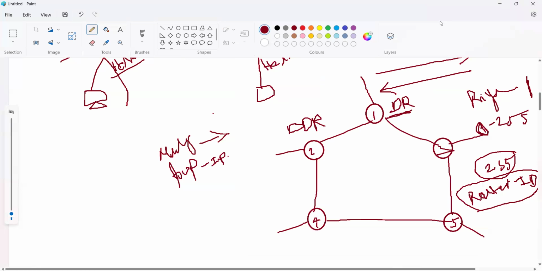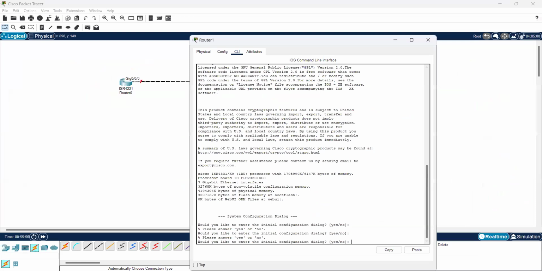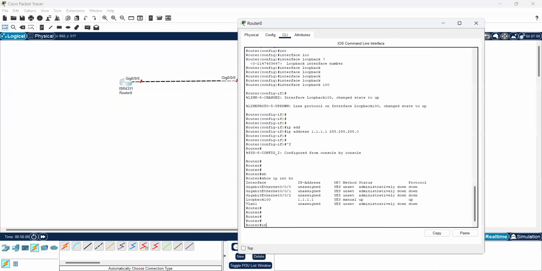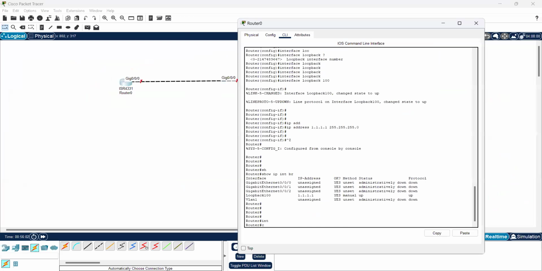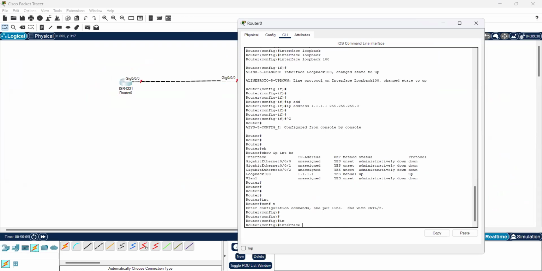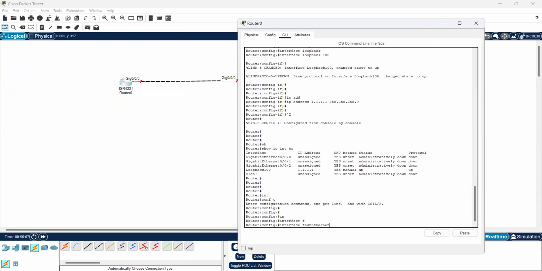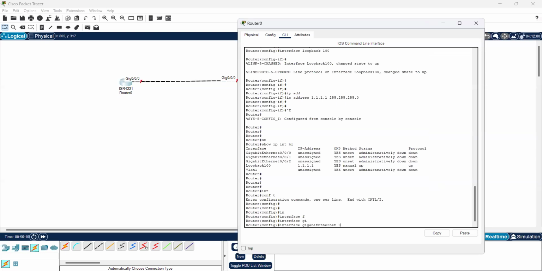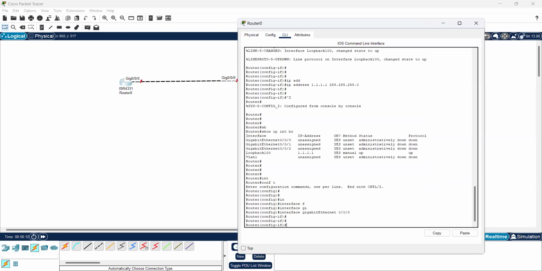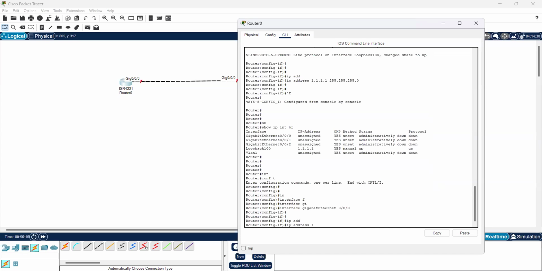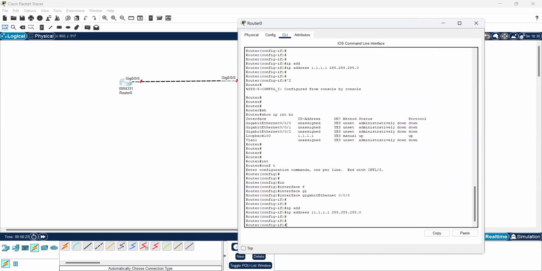If we do not configure a loopback interface, then it will move to the highest physical interface. For this router, if the interface is FastEthernet or GigabitEthernet 0/0/0/0, with an IP address like 1.1.1.1 and 255.255.255.0, this is the physical interface.